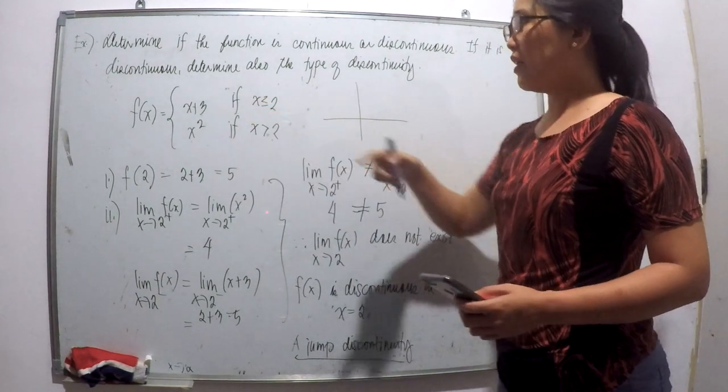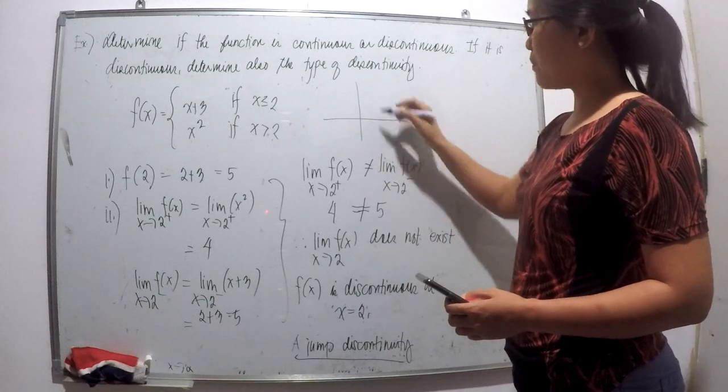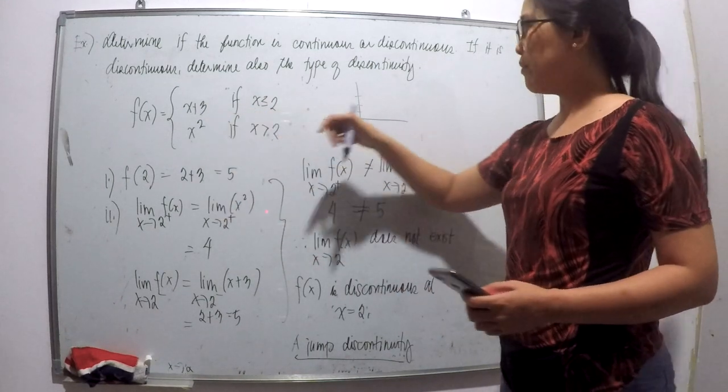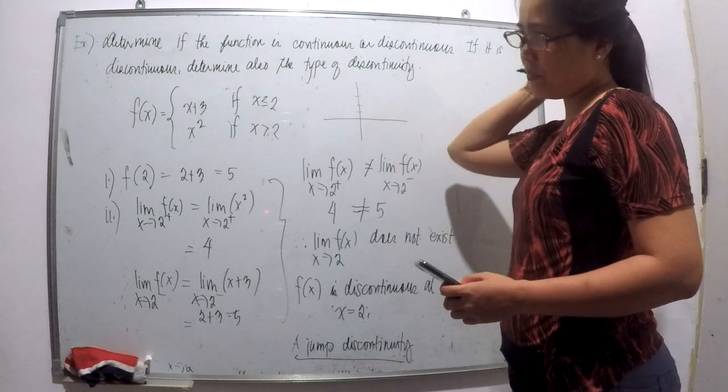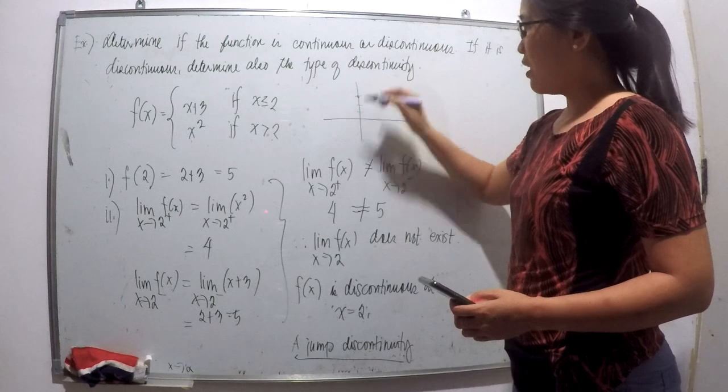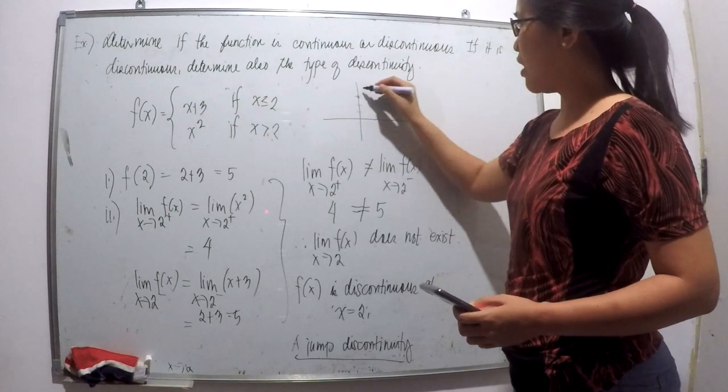How to sketch the graph? Since this is linear, we have x plus 3. Using the mx plus b form, the y-intercept is 3, then the slope is 1, rise over run.